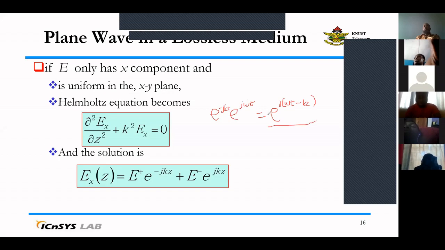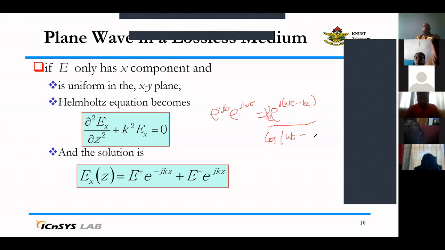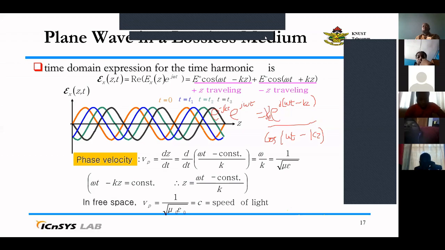If you take the real part of this, Re, it will be what? Simply cos(ωt − kz). And so that is what is represented here.